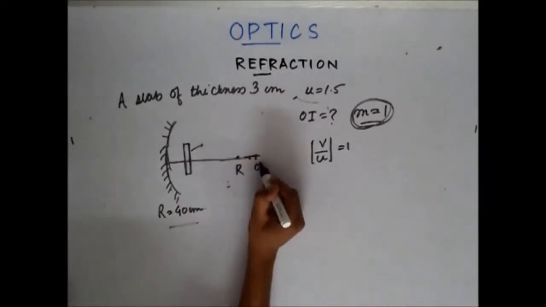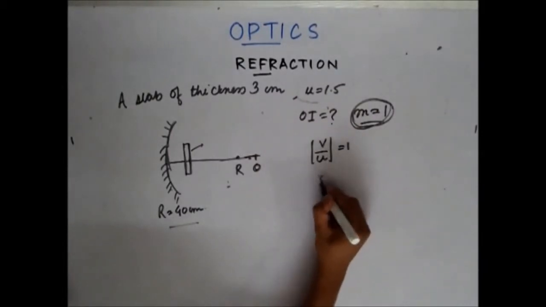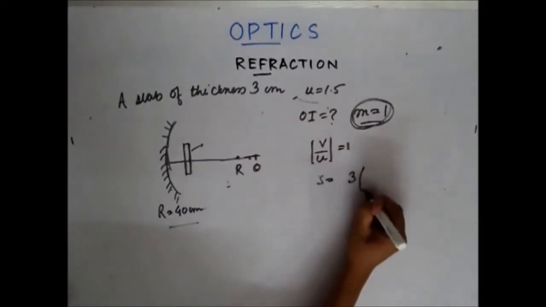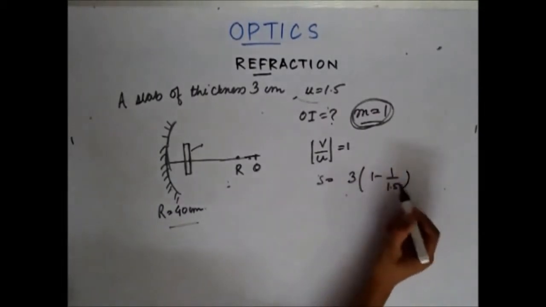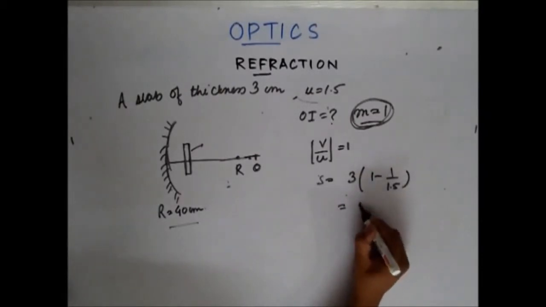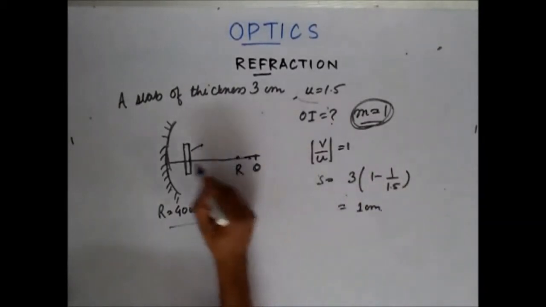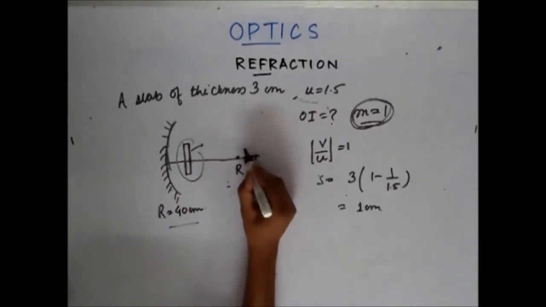So if this is the position of the object, the shift is equal to thickness times (1 minus 1 by mu), which is equal to 1. So this glass slab introduces a shift in which direction? In the direction of the rays.